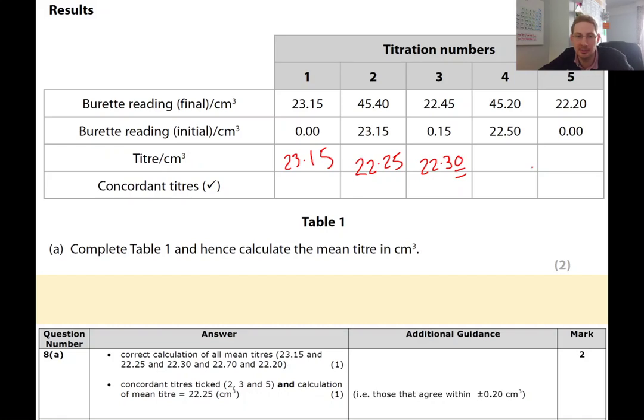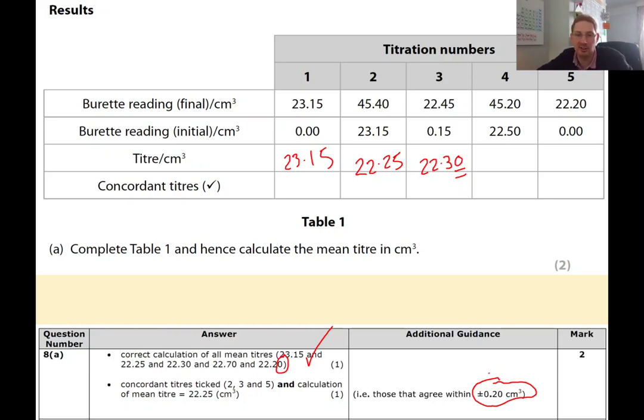So the mark scheme: calculate all the titres correctly, giving the zeros, for 1 mark, and then you realise concordant titres 2, 3 and 5. You might be wondering whether it's 0.2 or 0.1 centimetres cubed. Hopefully it will tell you in the question.